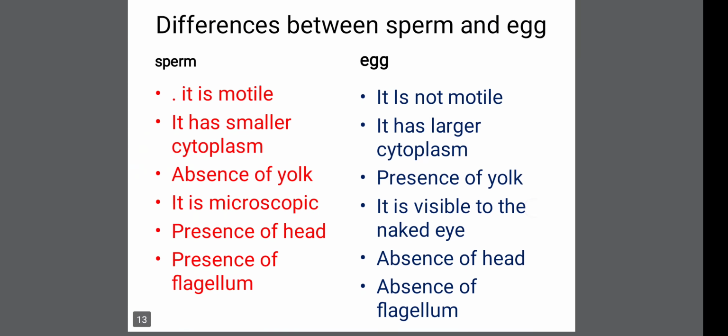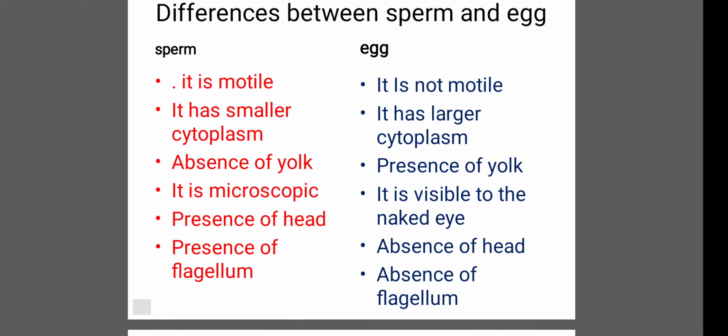Differences between the sperm and the egg. The sperm is motile, it can move. The egg cannot move. The reason the sperm is motile is because it has a flagellum, so that it can move from the vagina to the oviducts or fallopian tube where fertilization can take place.